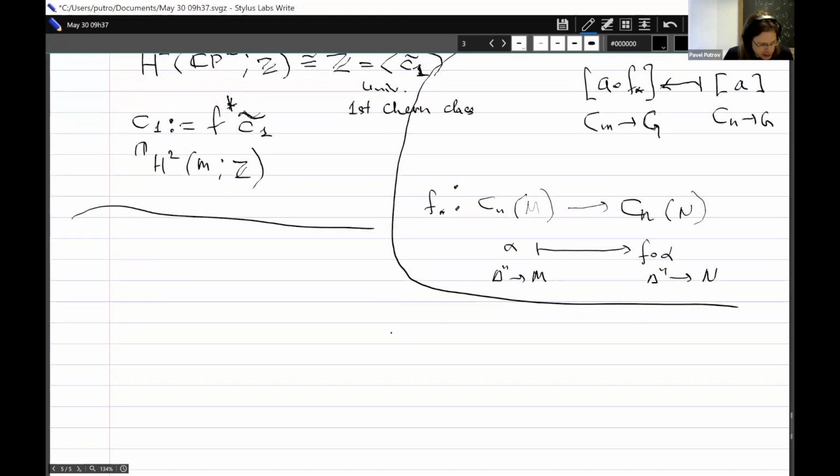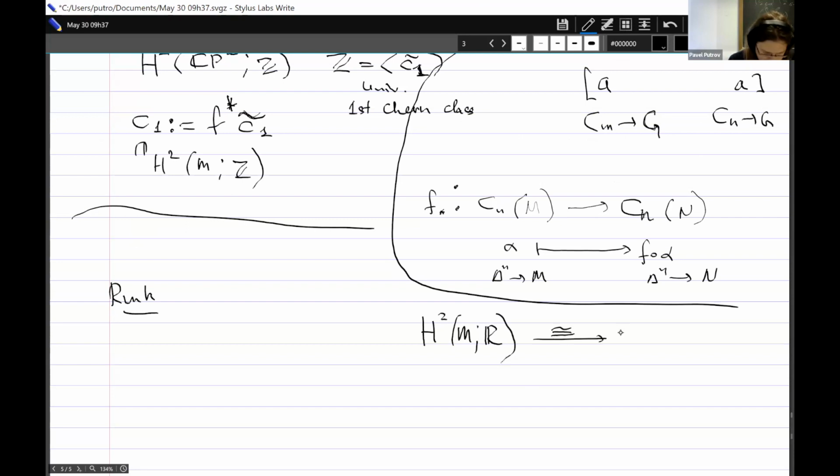Okay, final thing about this first Chern class is the following. Let me make the following remark. We consider this isomorphism between the de Rham cohomology and singular cohomology with real coefficients.